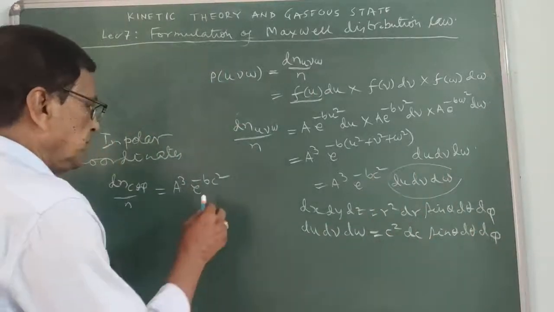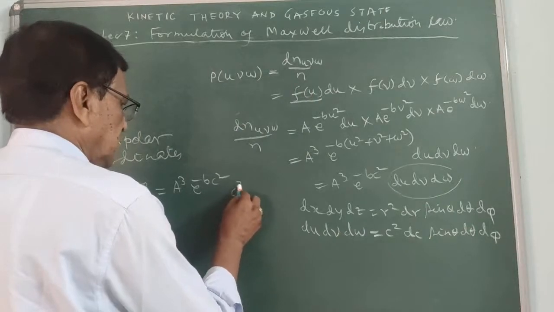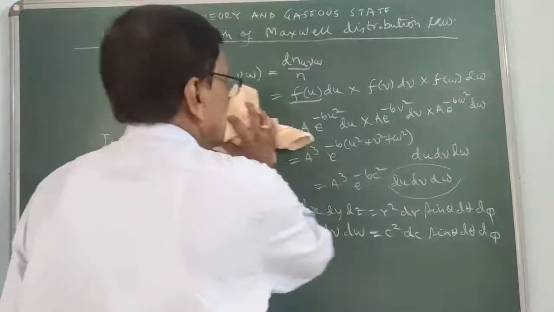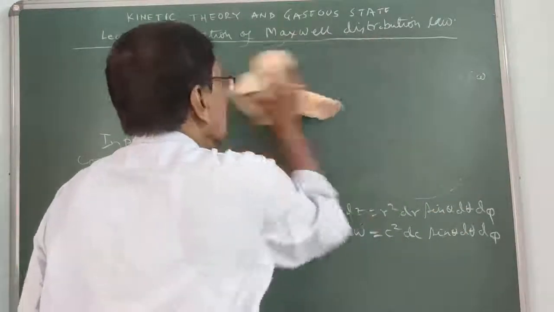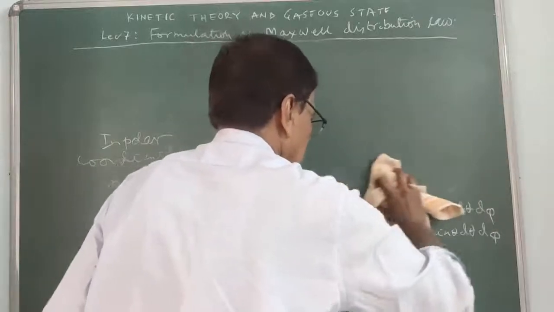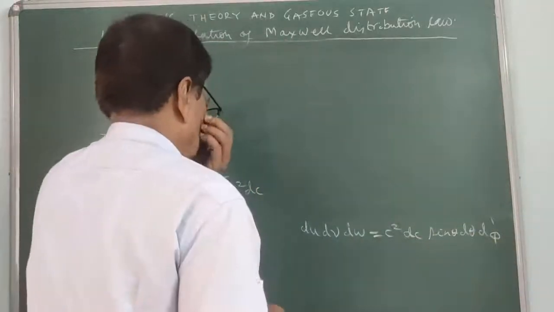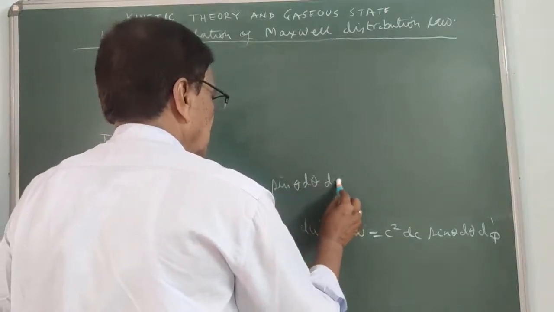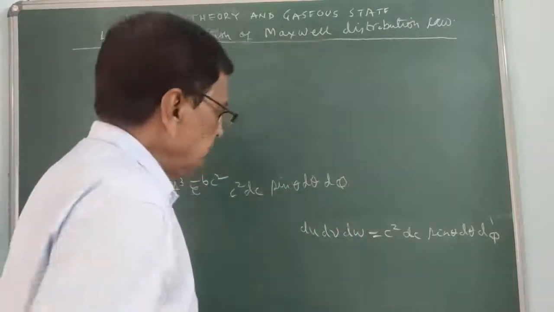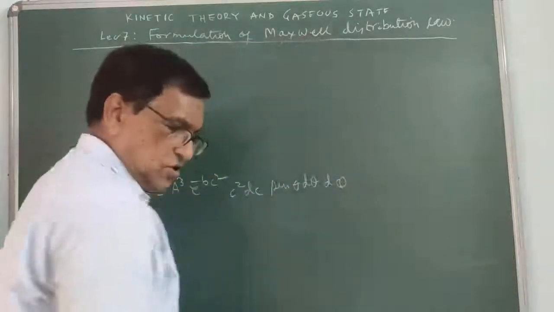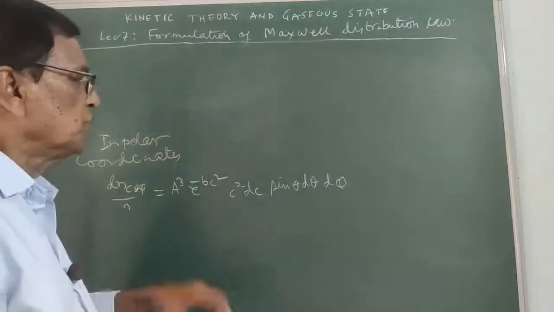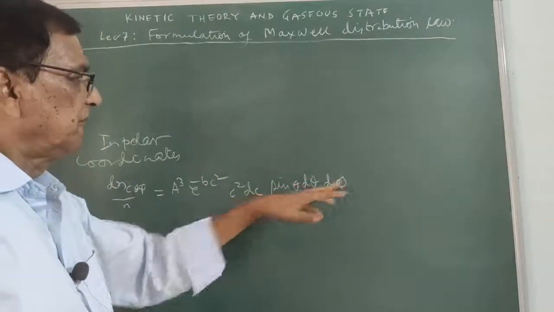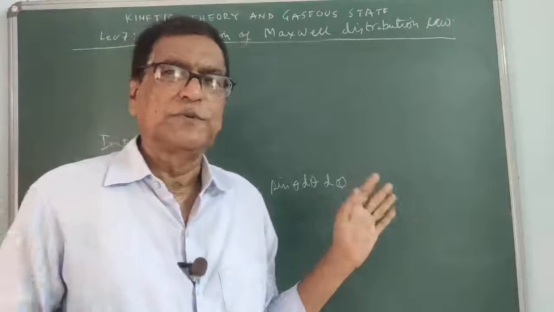So here it will be c square dc sine theta d theta d phi. Now if we like to consider the distribution of speed only, irrespective of direction, theta and phi are to be integrated over all possible ranges.